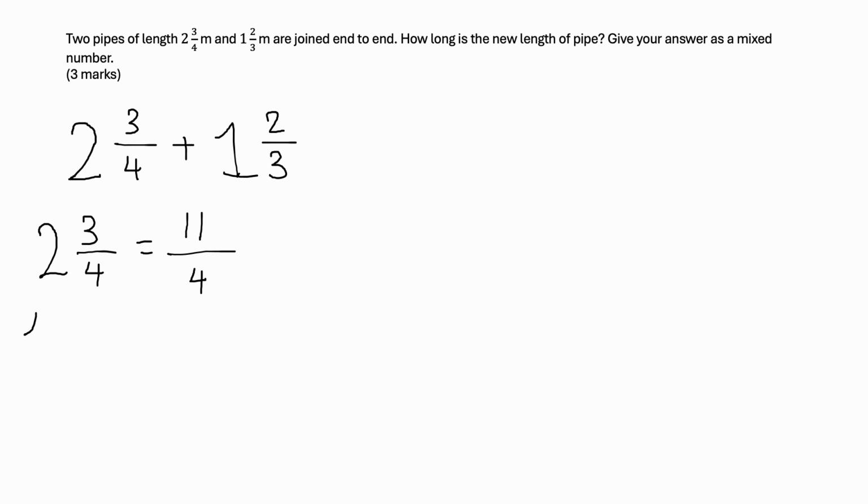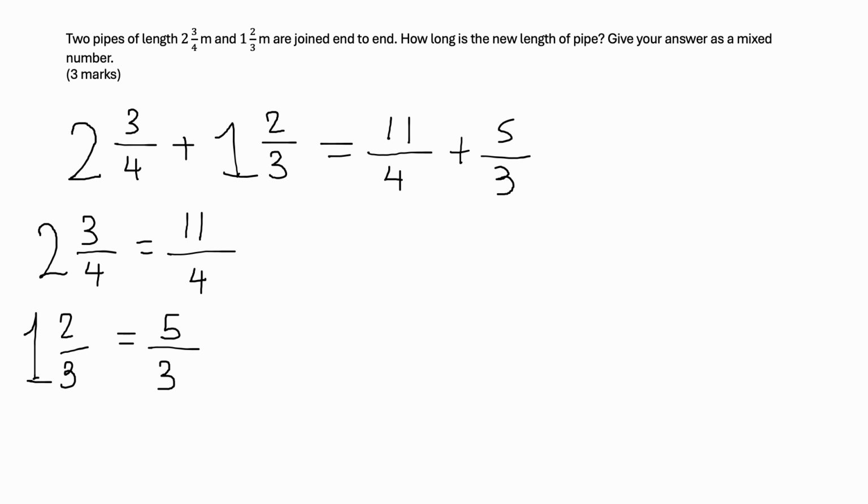Same thing with this one, so 1 2/3, we do the denominator times by the big number, so 3 times by 1, which is 3. Then we add 2 to get 5. So 11 over 4 plus 5 over 3.